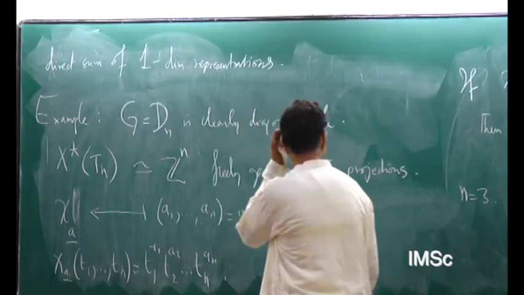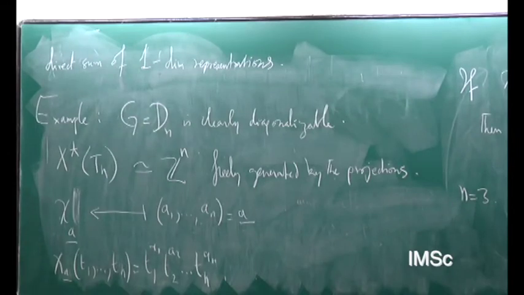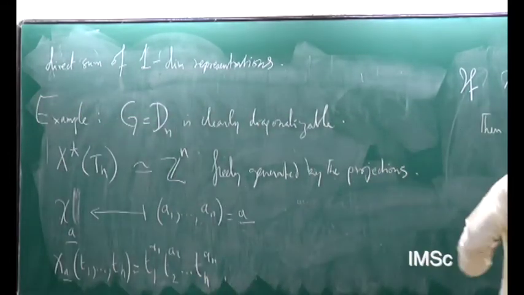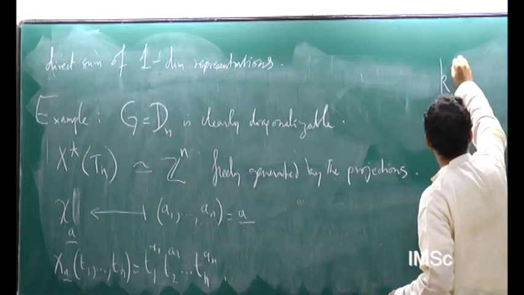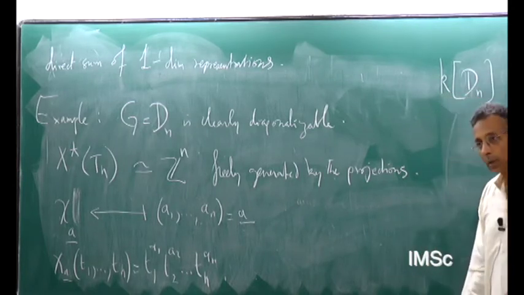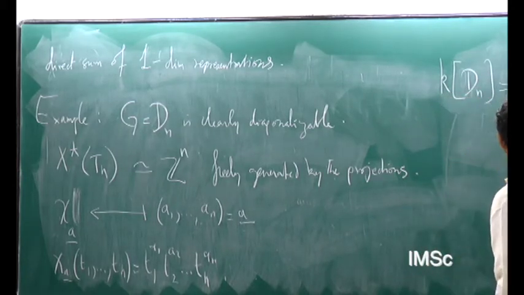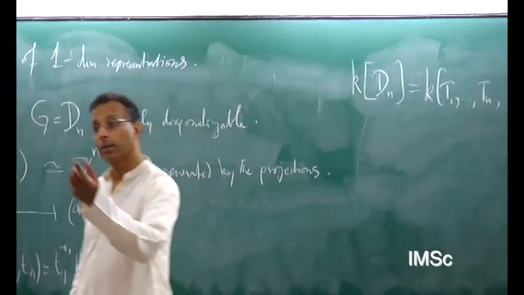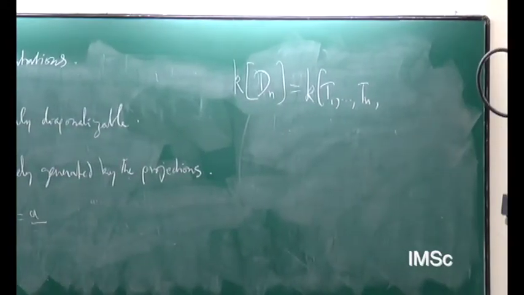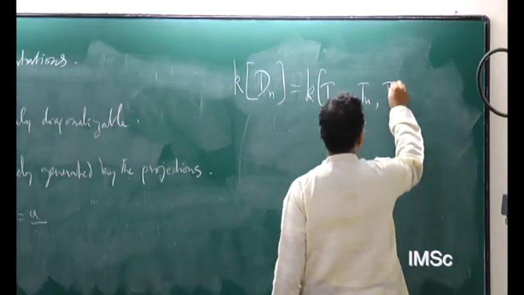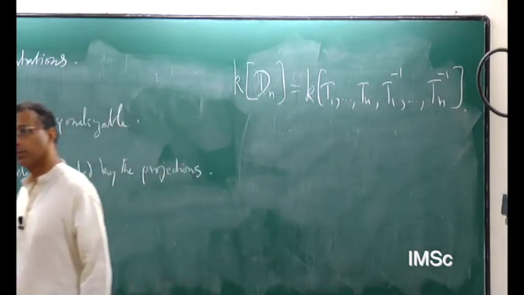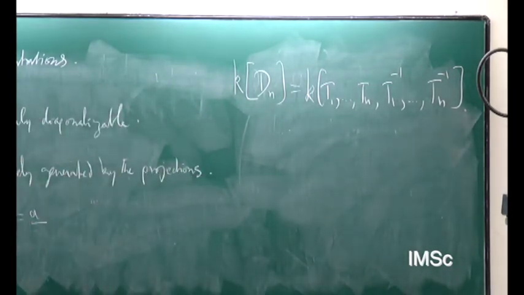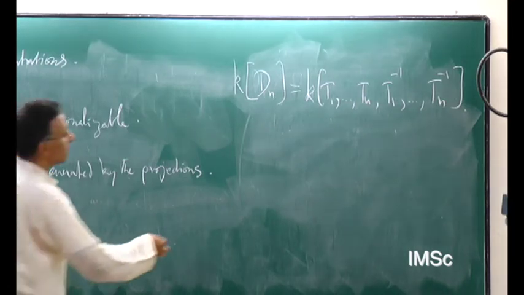Let us verify this. What is K of Dn, the ring of functions? Well, the projections are functions, but you can also invert the projections because they are invertible, so they're also valid functions. The claim is that this is generated by these.